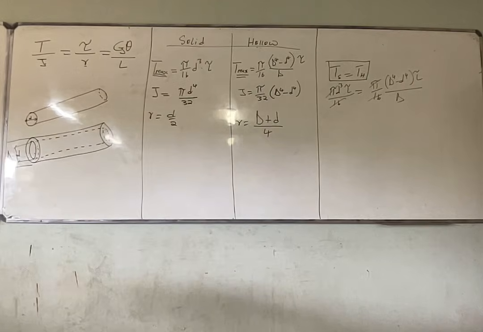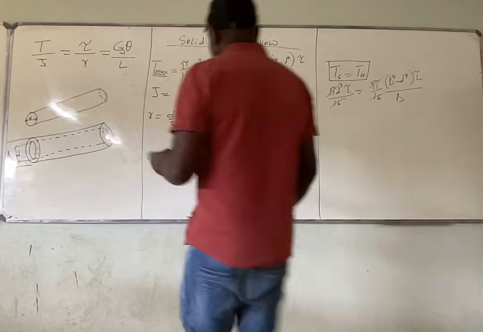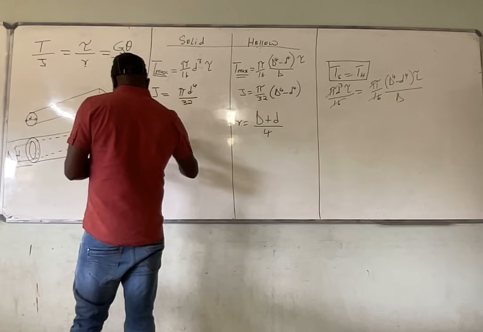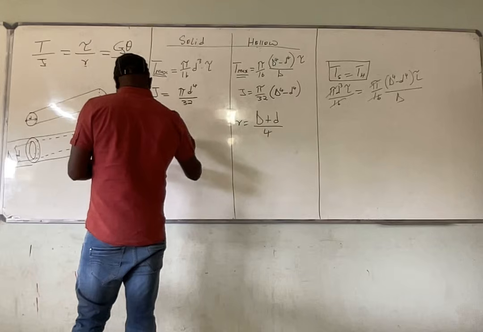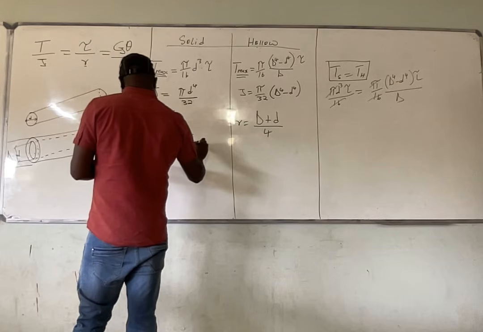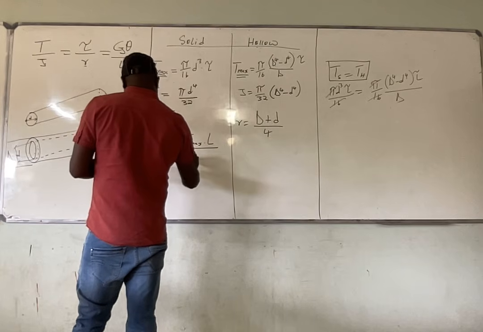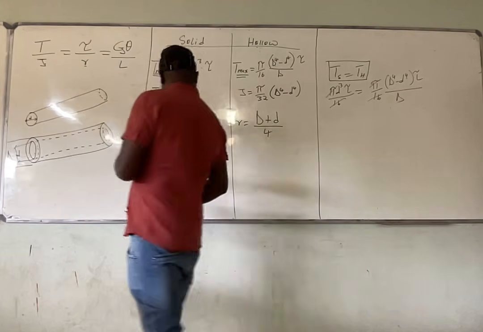So now, how do we calculate the angle of twist? To calculate the angle of twist for a solid shaft, it will be 10.2 Tmax times L all over G d to the power 4.